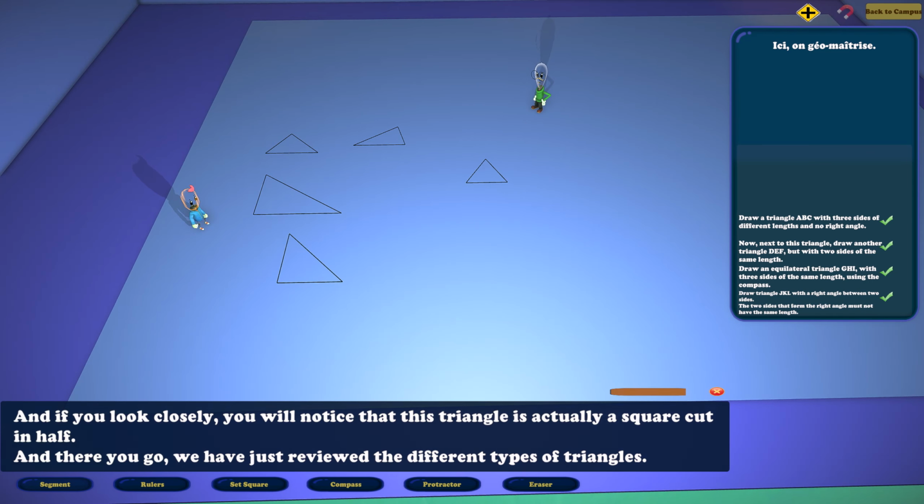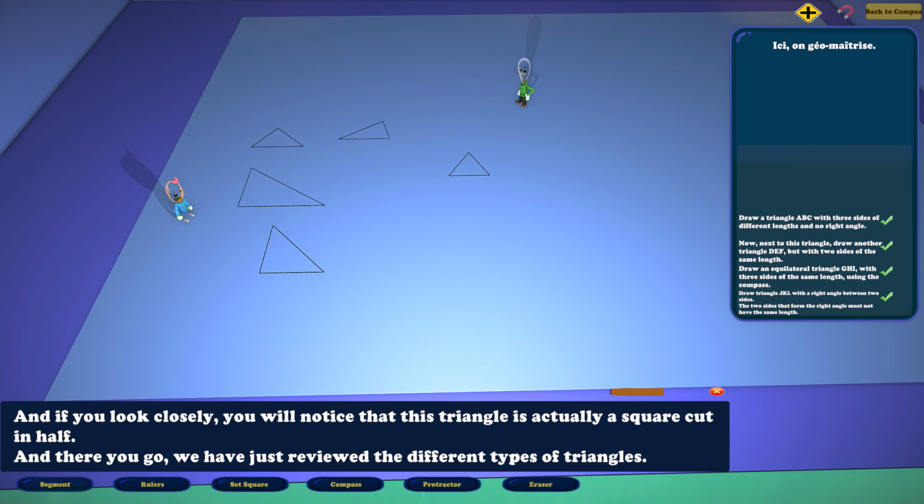And if you look closely, you will notice that this triangle is actually a square cut in half. And there you go, we have just reviewed the different types of triangles.